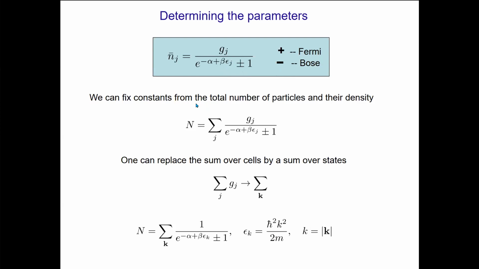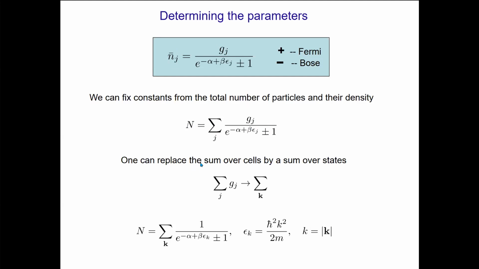The first constant we need to fix from the total number of particles. If this is the average occupation number for a particular cell j, then when we sum over all cells, this should give us the total number of particles. Now I want to go to the thermodynamic limit, when the number of cells goes to infinity.